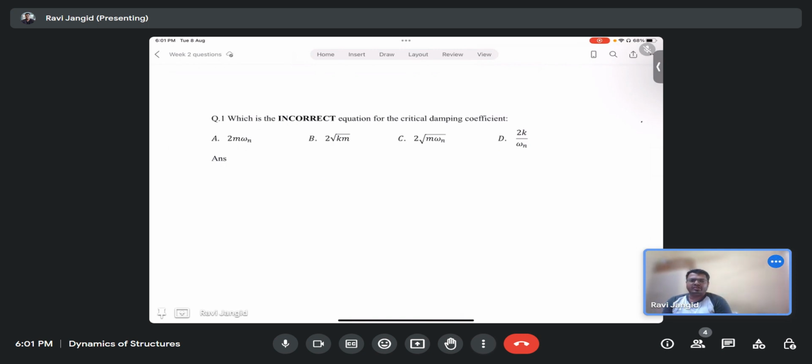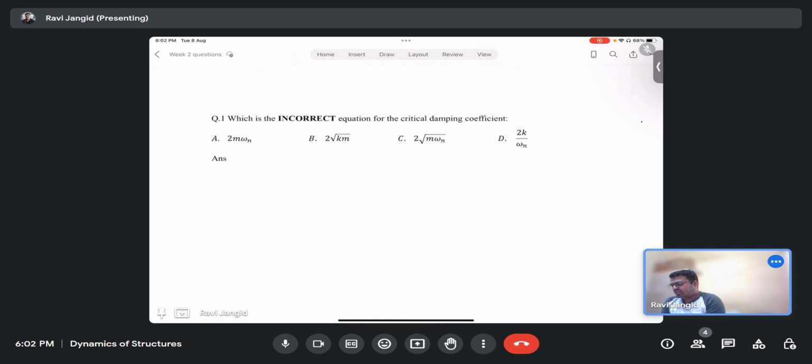So in this session, we will solve a few problems related to free vibrations. Initially, the first two questions are objective type questions. We will solve them thoroughly, looking at each and every aspect, like which one is wrong and which one is correct. The first question is: which one is the incorrect equation of the critical damping coefficient?